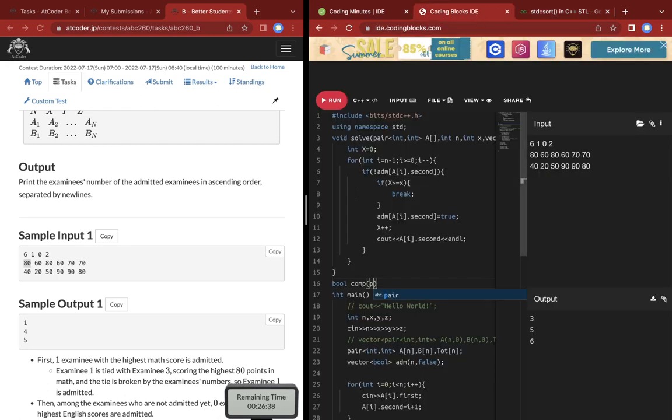Pair of integer a, let's say, and similarly for b.